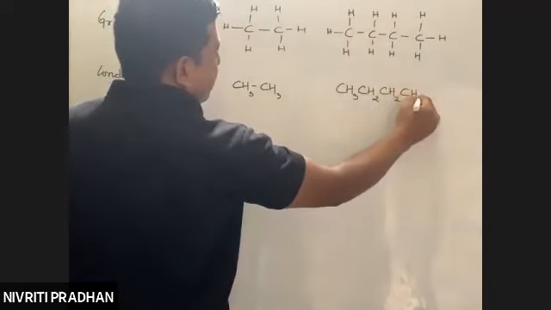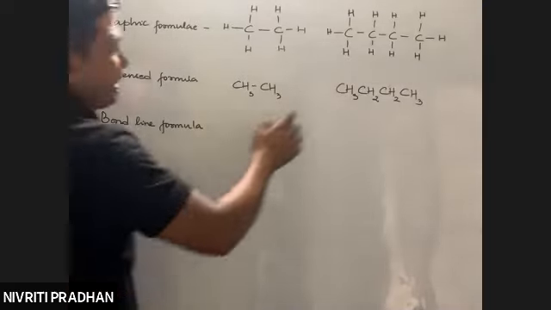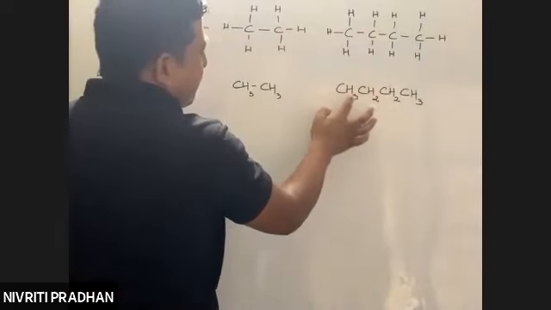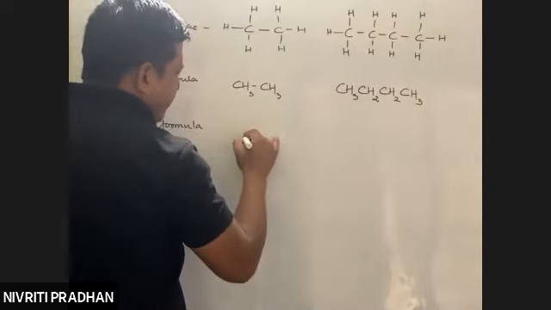Got it? Here we have yet another formula which is known as the bond line formula. In the bond line formula, we represent the carbon-carbon bond by a line like this. How many carbon atoms are there? 1, 2, 3, 4. In between 4 carbon atoms, how many bonds are there? 3. So I'll show the 3 bonds in a zigzag manner like this.